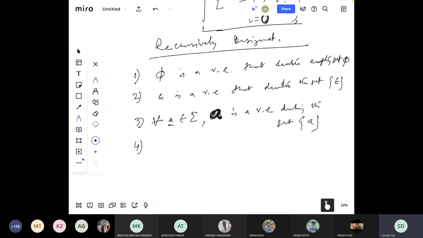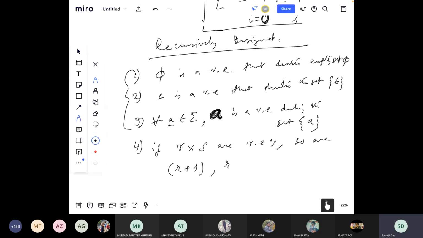And finally, you say that considering 1, 2, and 3, if R and S are regular expressions, so are R plus S, R concatenated with S, and R star.